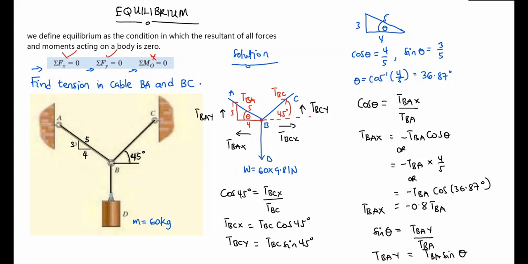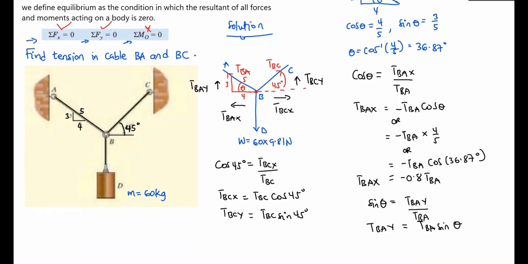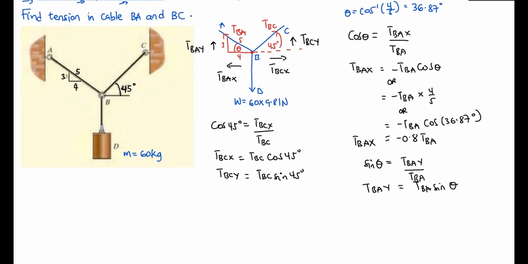We can use either the angle or 3 on 5. So we're going to have TBAY equal to TBA times 3 on 5. So 3 on 5 will give us a value of 0.6. So this will be 0.6 TBA. So that's what you have now.